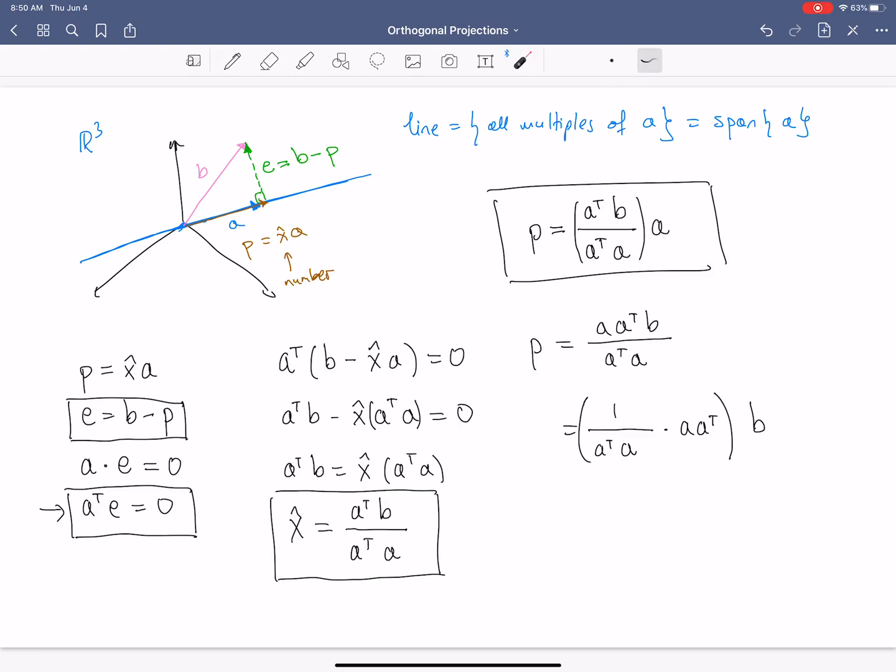Because A transpose is a matrix. You have a column times a row. A is a column, A transpose is a row. This is a rank 1 matrix. And that makes sense because we are taking this vector B and trying to project onto a one-dimensional subspace. So rank 1 will ensure that we are projecting exactly onto a one-dimensional subspace. So the matrix capital P, this over here, is the projection matrix.